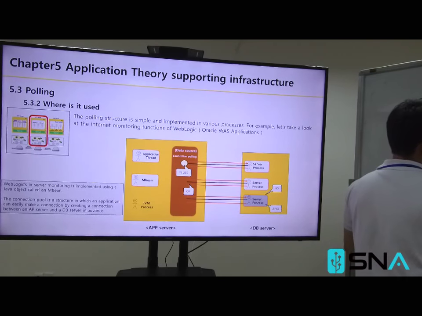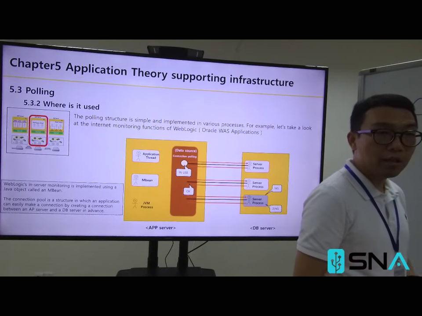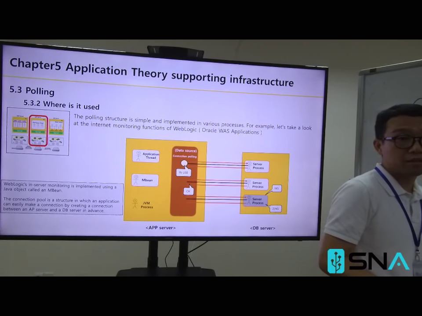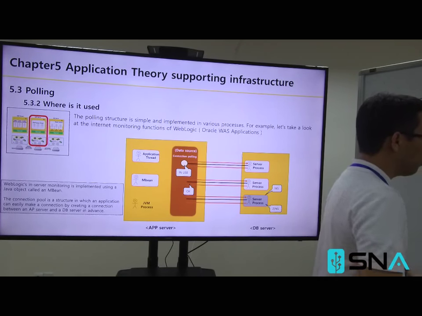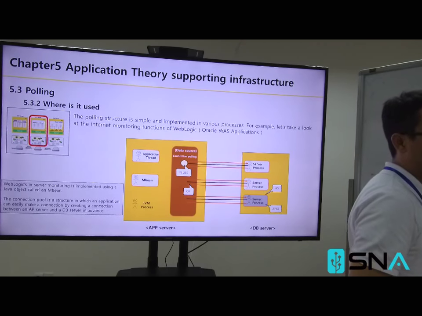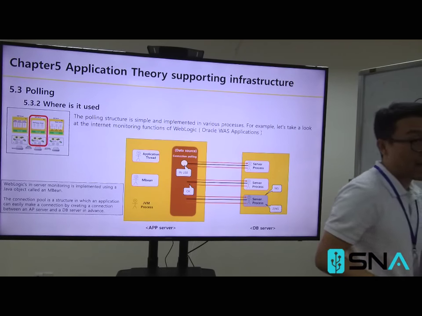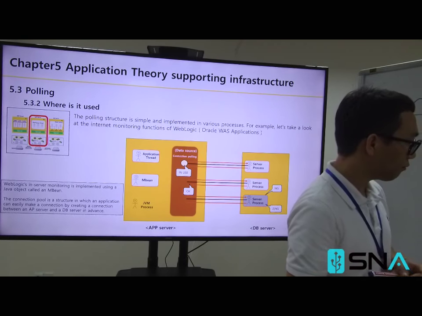For free software there is Tomcat, and many enterprises and corporations use WebLogic. WebSphere is an IBM application, and JBoss is a Red Hat application.